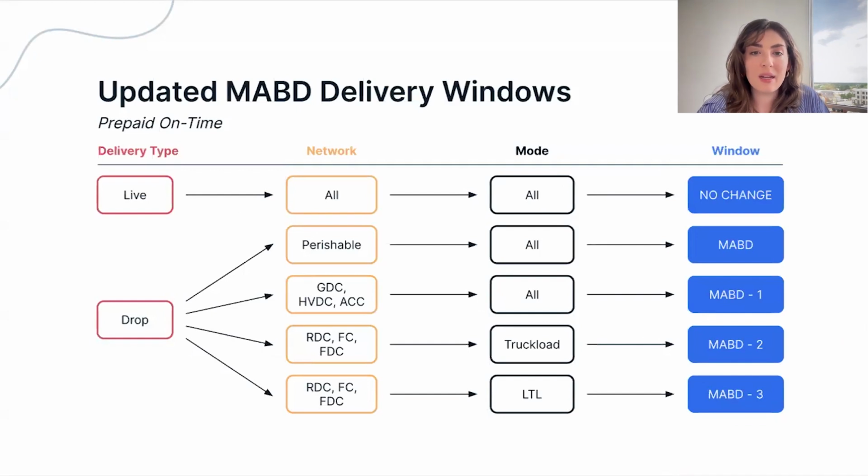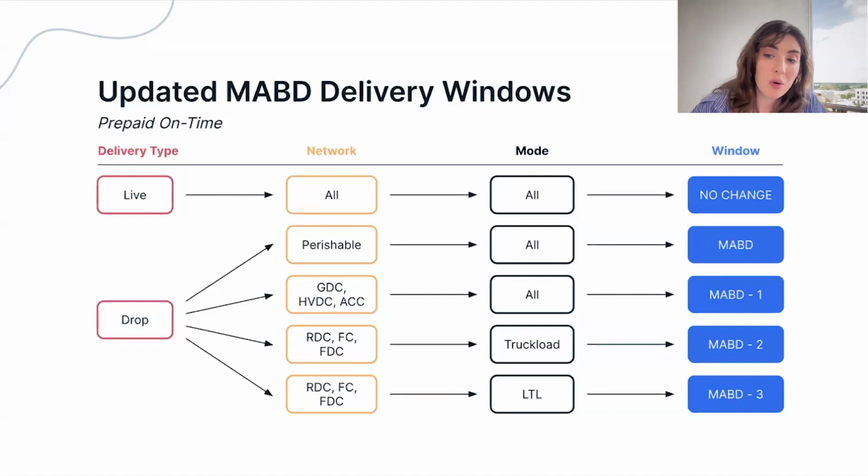All right, and then this is just more of a PSA. We have a lot of questions on MABD windows when it comes to talking about OTIF, so we would be remiss if we didn't include this. Essentially, if you are having issues with your inventory getting there a little too early and getting a fine on the on-time charge, or getting there late and having a fine as well, here's the outline of those delivery times and the windows that you have there.